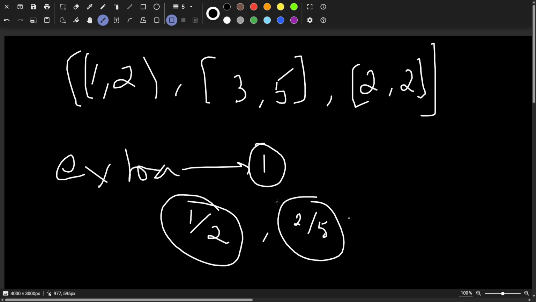So we can construct a min heap where we can store the fail. Okay, we need the difference, right? So if we add one, that would be 3 by 6. Sorry, 2 by 6.